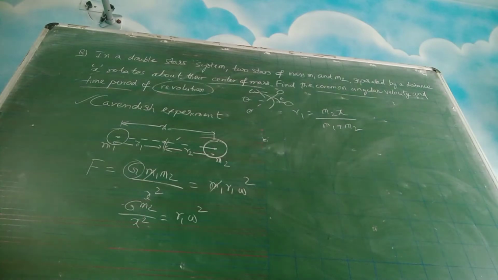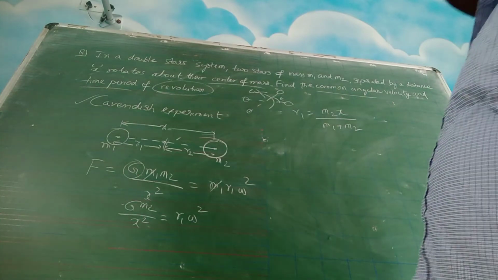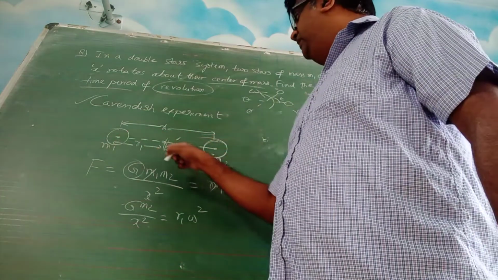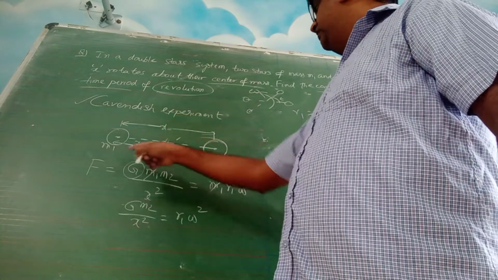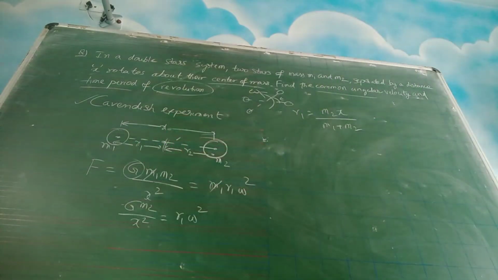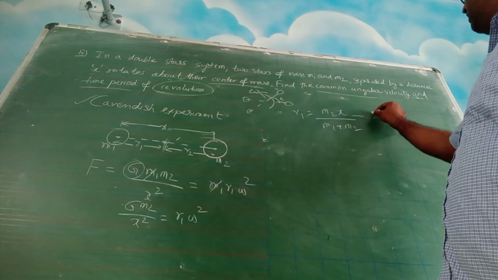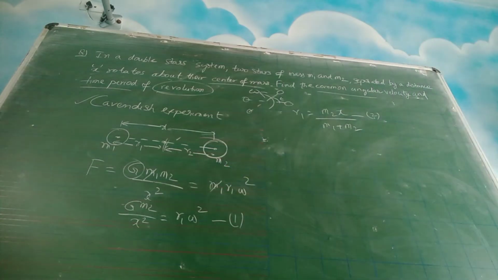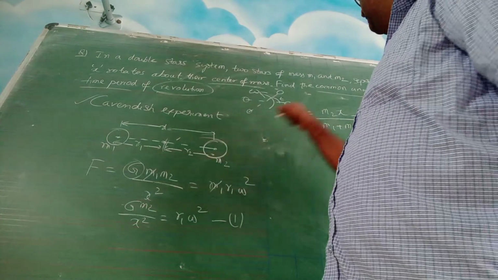This was the formula to find out the distance r1. R1, when you are writing from this end, is this mass multiplied by distance divided by the total mass. So let us say this is your equation 2 and this is your equation 1. You can put the value of r1 here.